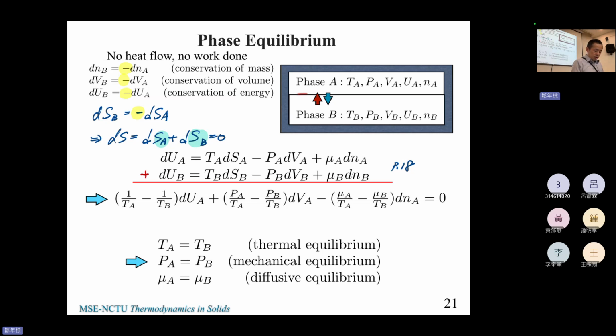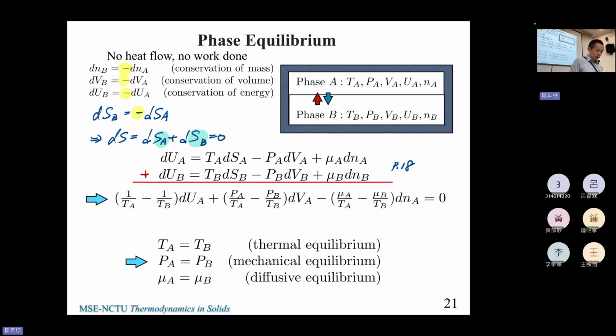So across that boundary, the change dNB needs to equal dNA, but with opposite sign, and likewise V, U, S. So we know that dS equals dSA plus dSB equals 0, of course, right?